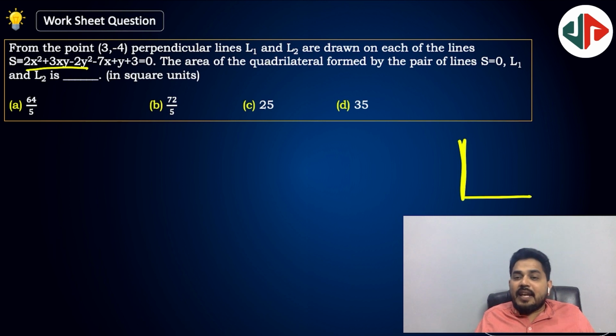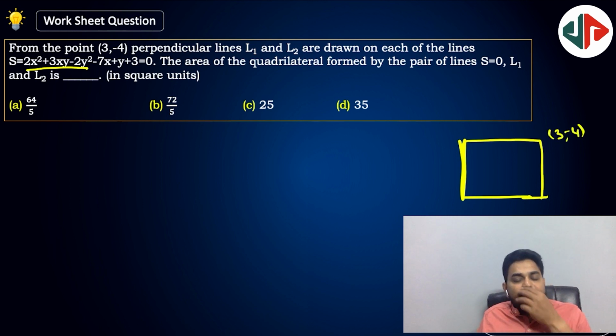Now I need the pair of perpendicular lines passing through (3, -4), because perpendicular to this one is this, and perpendicular to this one is this. So clearly you will be getting a rectangle.